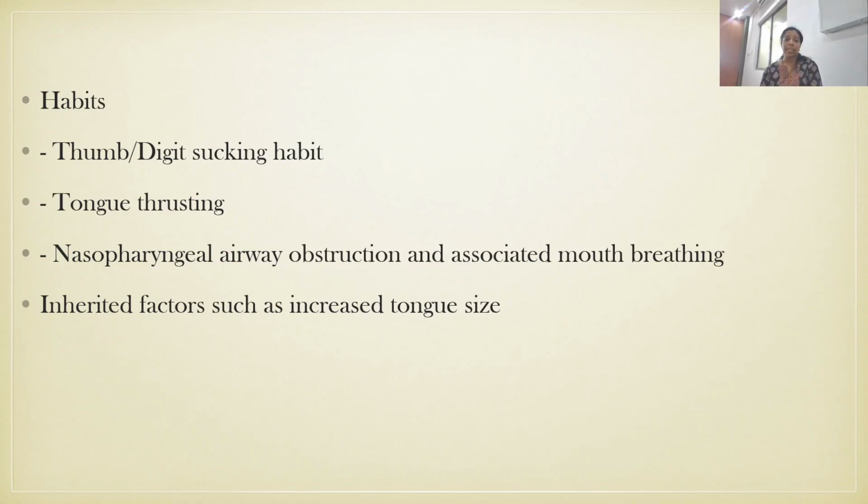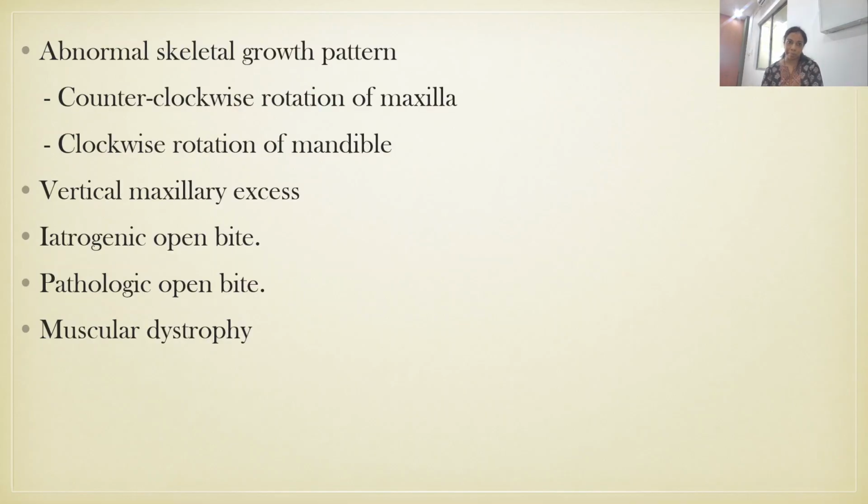And in mouth breathing, nasopharyngeal airway obstruction also, anterior open bite can develop, and it can also happen as an inherited factor due to increased tongue size. In individuals with increased tongue size, there is thrusting of the tongue anteriorly leading to the anterior open bite.